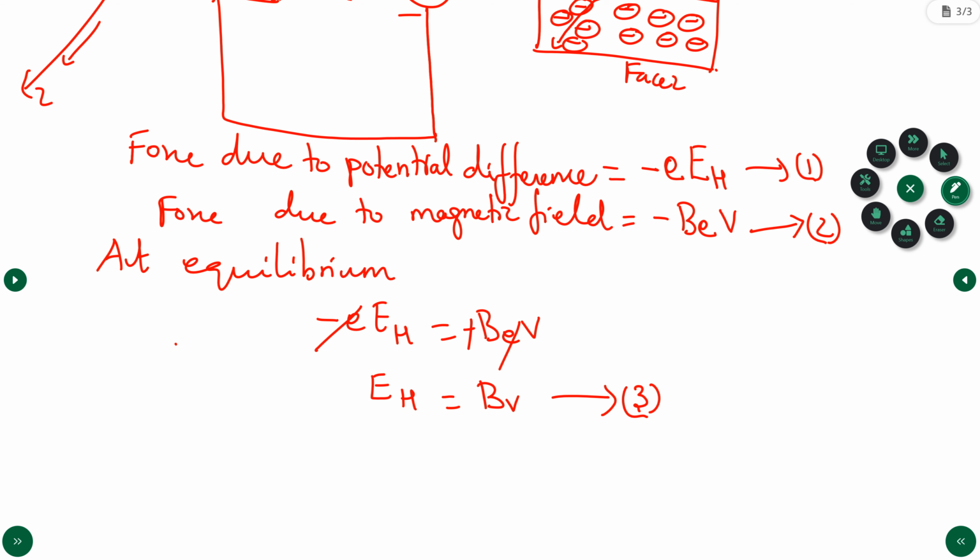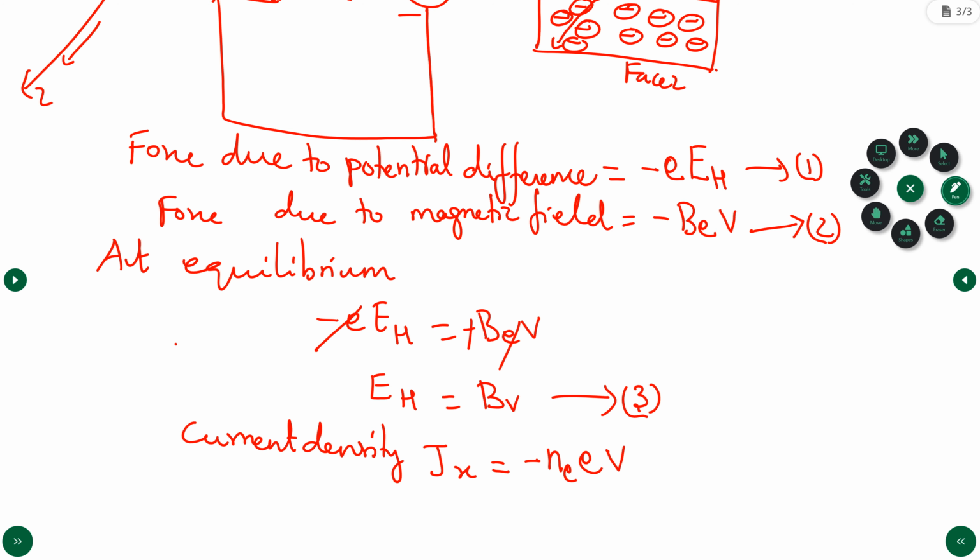Here the current is moving only in the x direction, so we can write Jx is equal to minus Ne, where N is the density of the electrons multiplied by the charge of the electron, into the velocity. I think you have heard that J is equal to NeVd. So here Jx is equal to minus Ne into V.